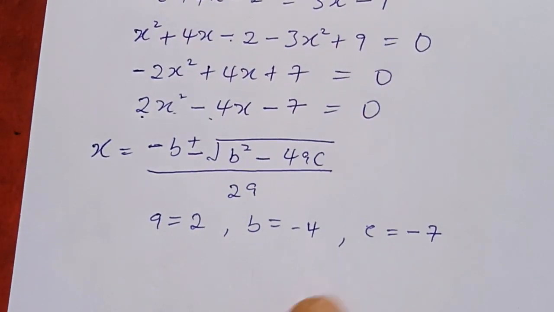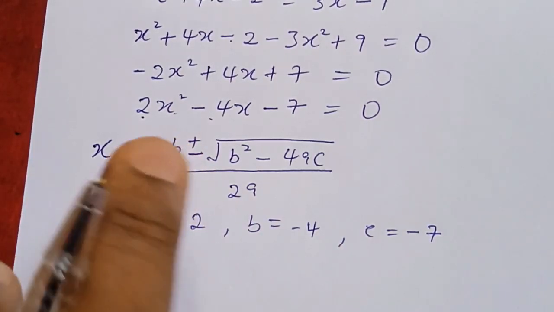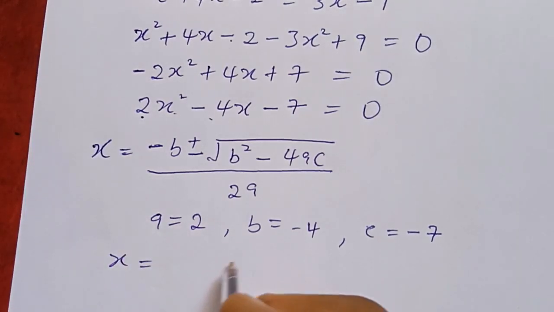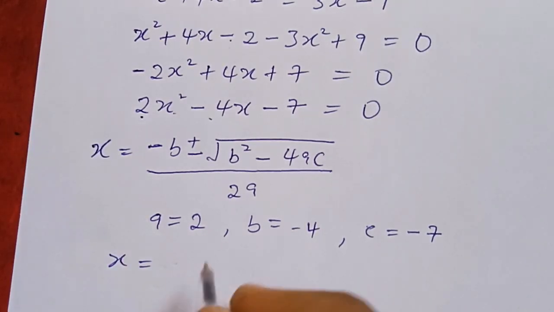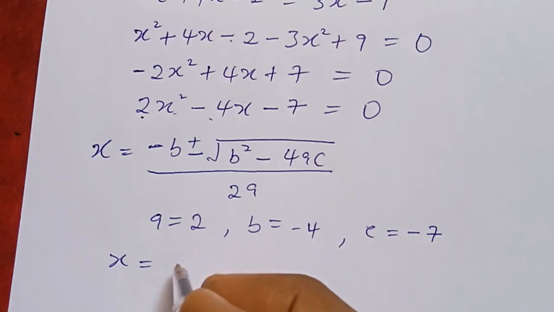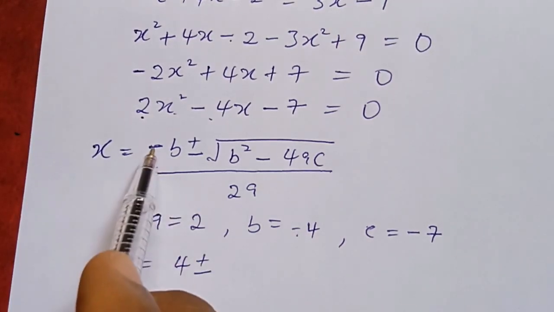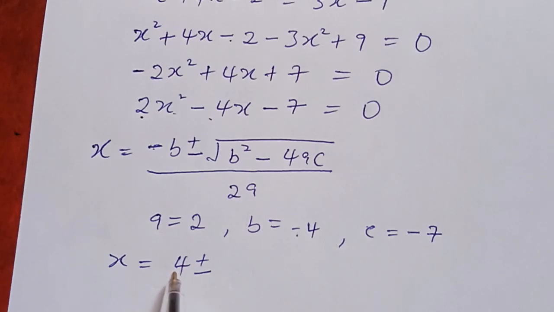So from here, we can input all these values back into the formula. So we have x equals to, this minus, we multiply this minus, so we have ordinary 4.